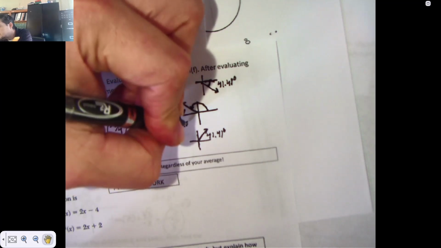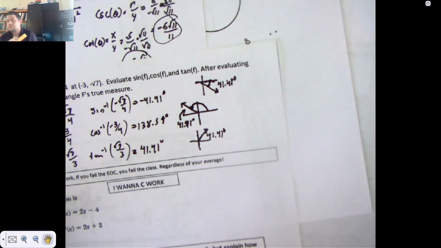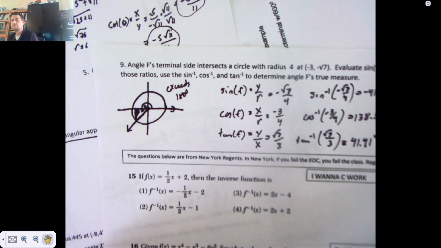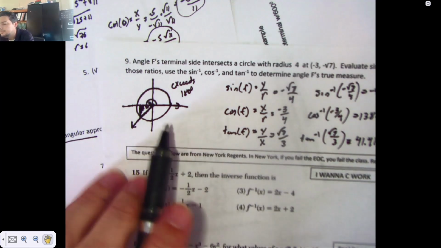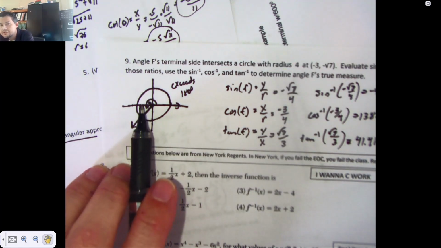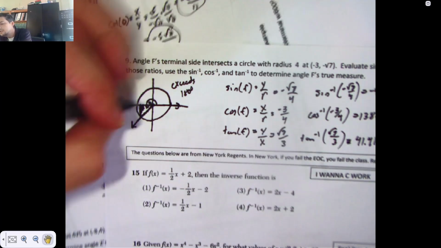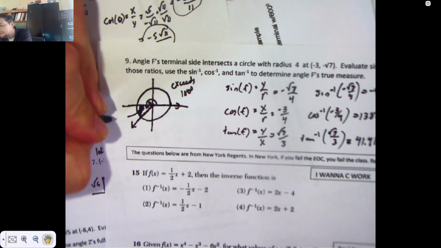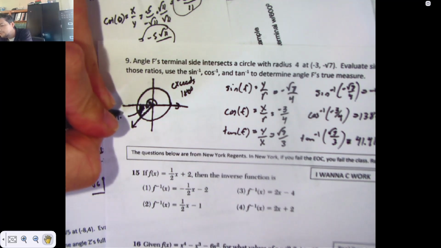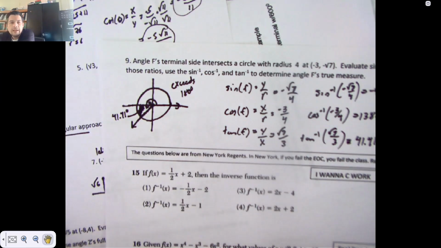What they all returned was the separation between an x-axis and a terminal side. You had to manipulate cosine to see it, but they all returned that this was 41.41 degrees. Every one of them did, if you thought about cosine.